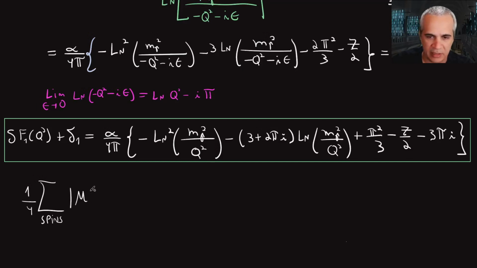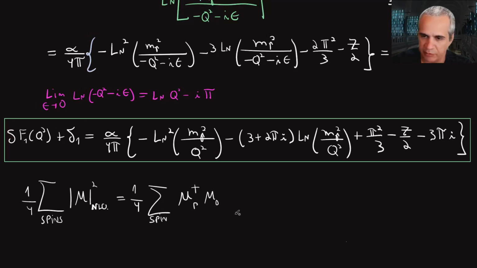Times these, which I call just the next to leading order correction to the matrix element square. And we have seen before that this is actually given by the interference between this new contribution, which I call m gamma, right, and m0, right? And there are 2 parts to that. There's this one, and also the one where I get m0 dagger, m gamma, right?